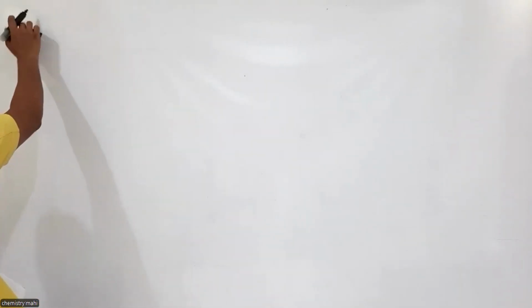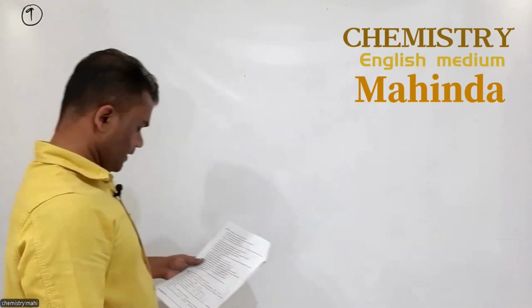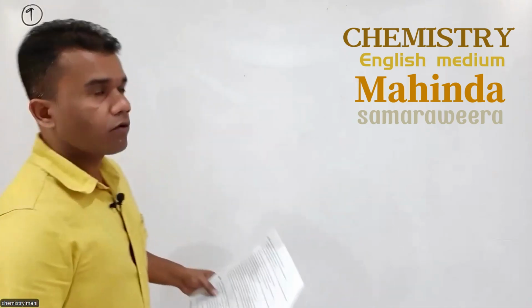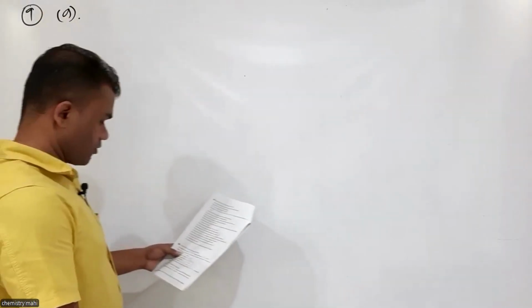Okay, question number 9. Complete the following by inserting appropriate answers. This is maybe confusing for someone. Lanthanides are known as f-block elements and belong to the f block.